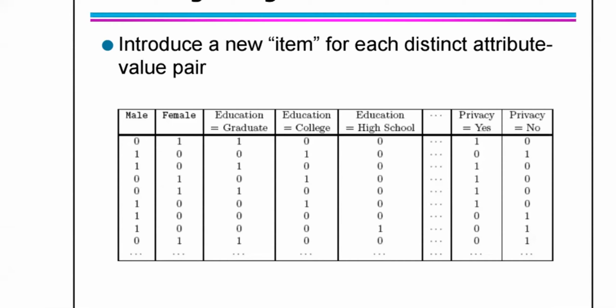So the first record is represented as female equal to 1, and education graduate is represented as 1. The remaining, education equal to college, is 0, and high school is also 0. For privacy, yes is represented as 1 and no as 0. Like this, you have to represent the symmetric binary attributes.